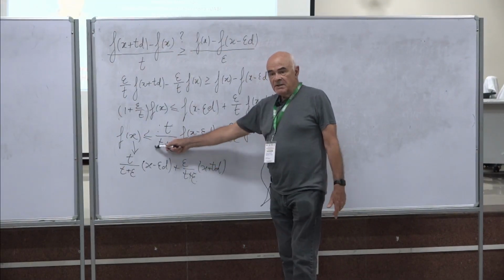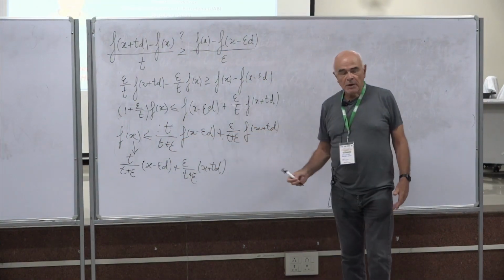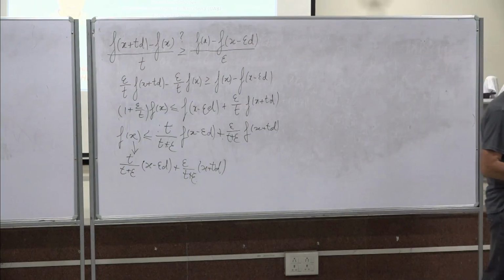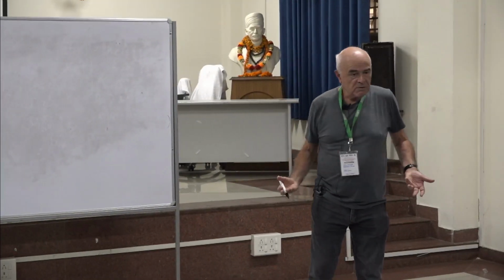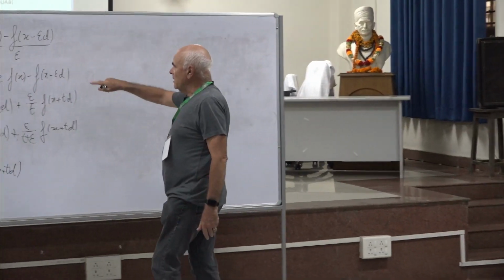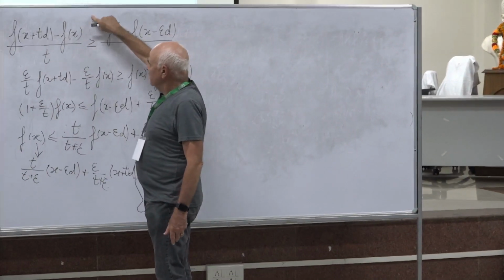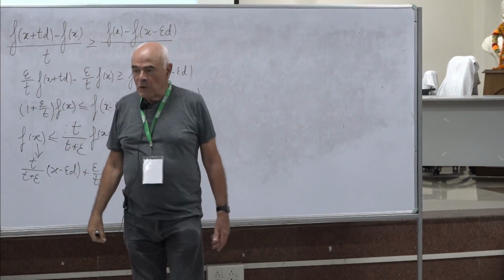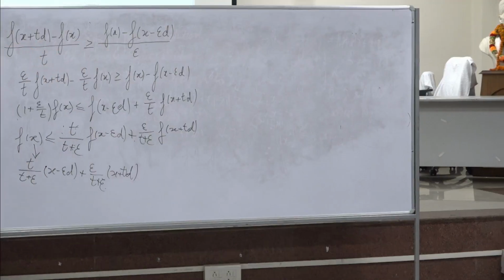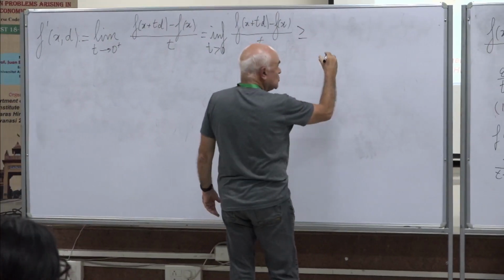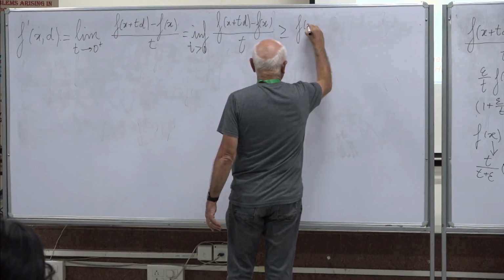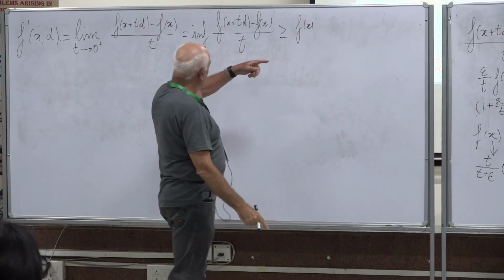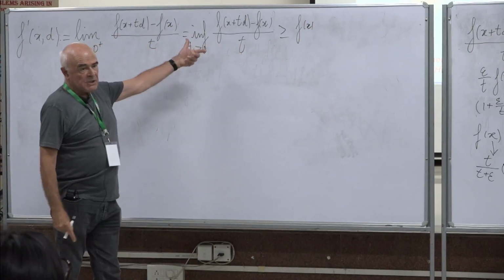By convexity, this is less than or equal to the corresponding convex combination of the values. So this is true. So I can remove the question mark here and conclude that this is finite. This is actually greater than or equal to this. This is an upper bound, a lower bound, and this is the largest lower bound.